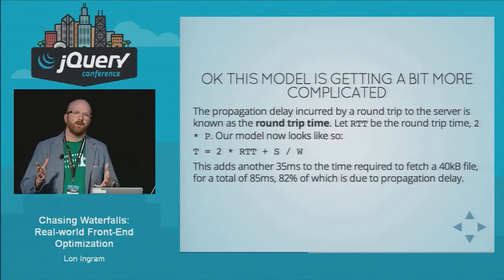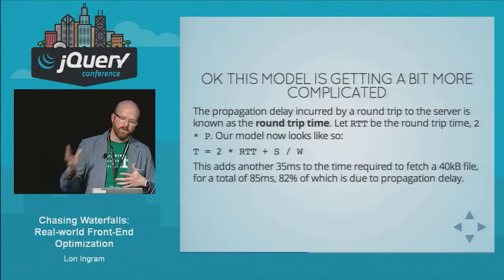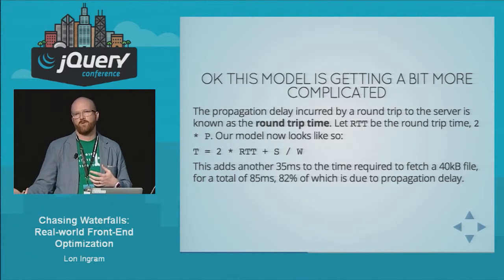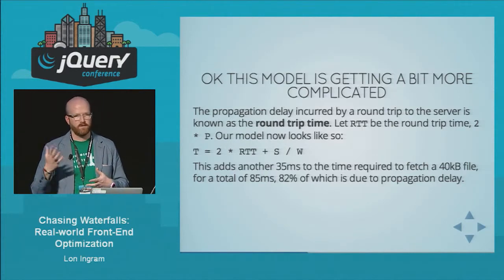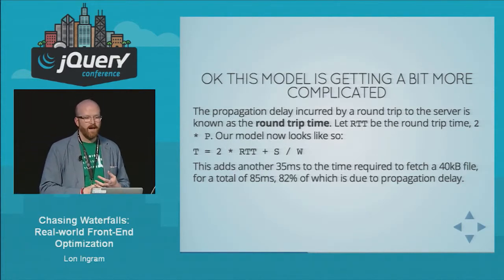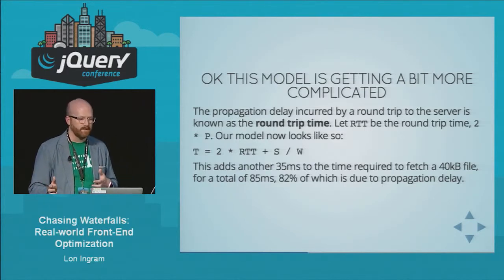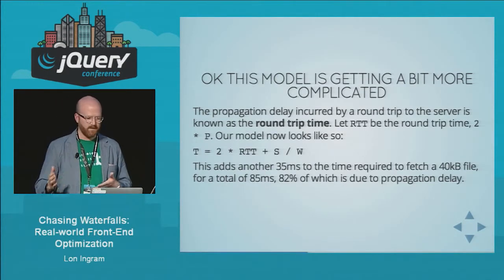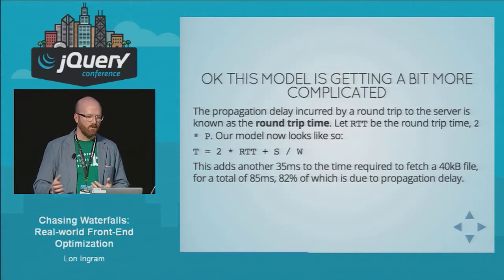So this is starting to get a little bit complicated. We're seeing a lot more of these round trips, so let's refer to them by what most people call them, round trips. That time is referred to as the round trip time, or RTT, which is just 2 times P. Okay, so now we have a new model. We're going to need 2 RTTs to get this data.